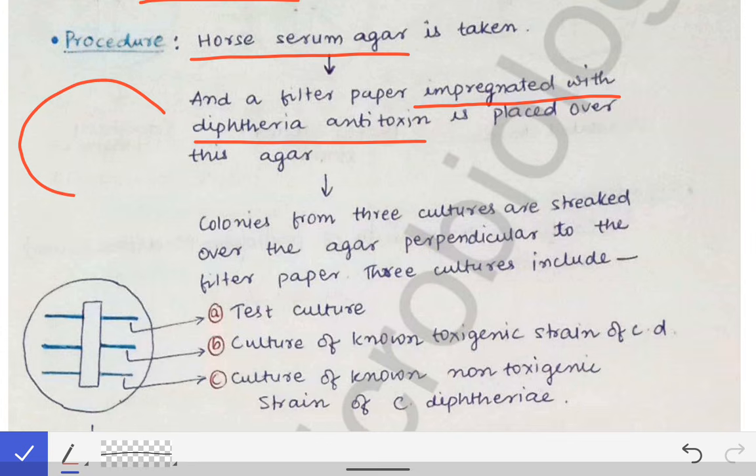So suppose this is the horse serum agar, and we have taken a strip of filter paper which is impregnated with the diphtheria antitoxin, and we place that strip over the agar.